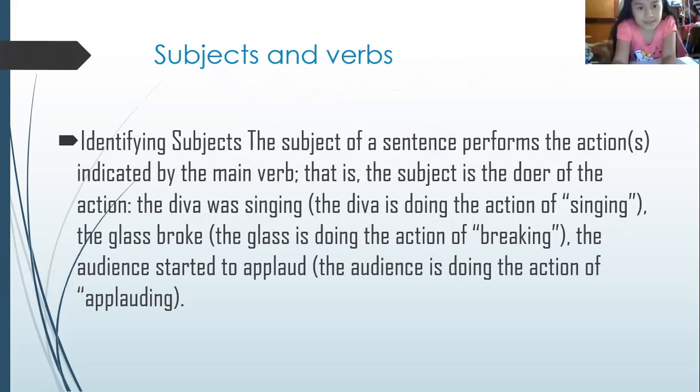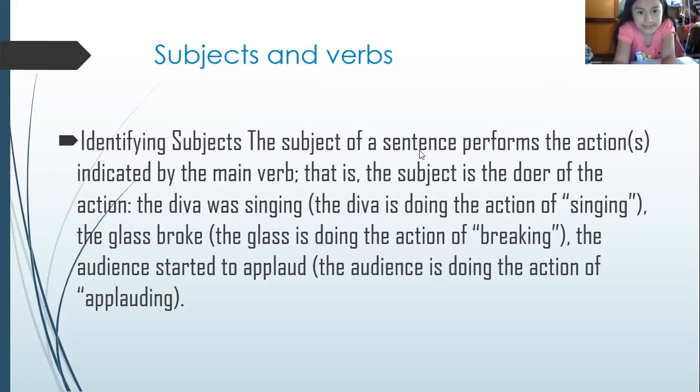Identifying subjects. The subject of a sentence performs the action indicated by the main verb. That is, the subject is the doer of the action.